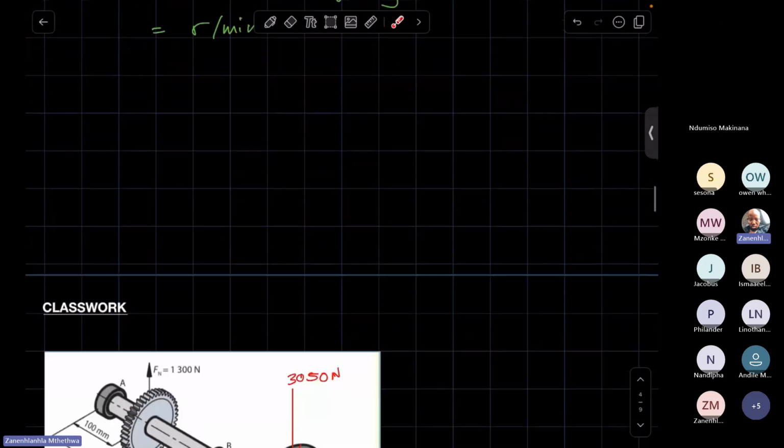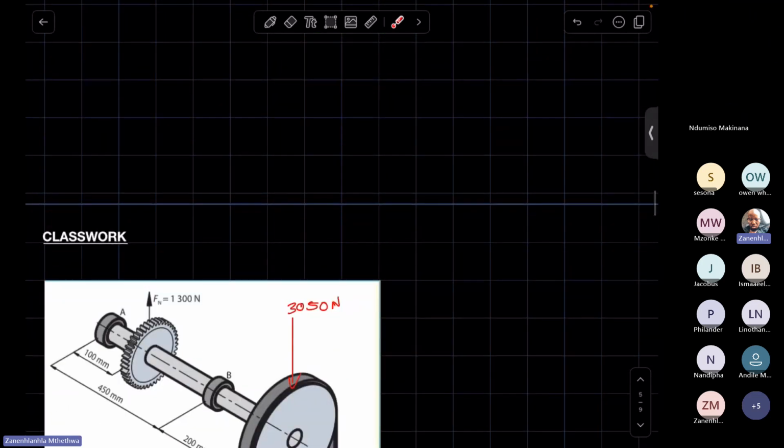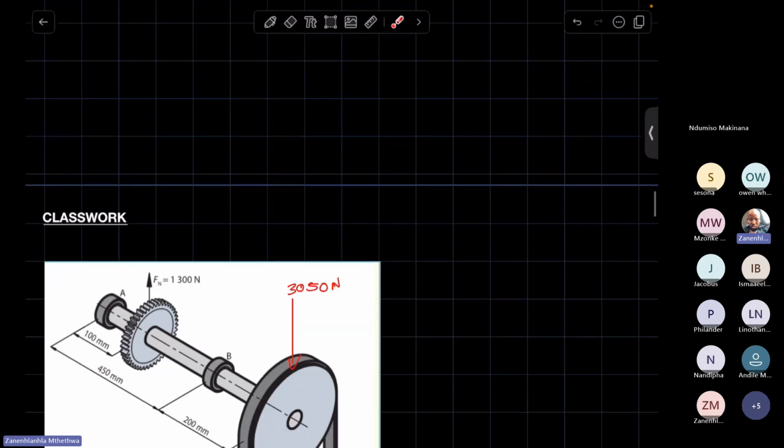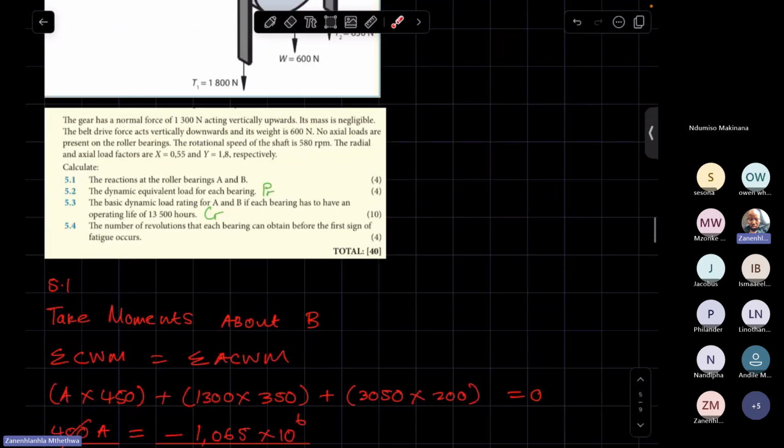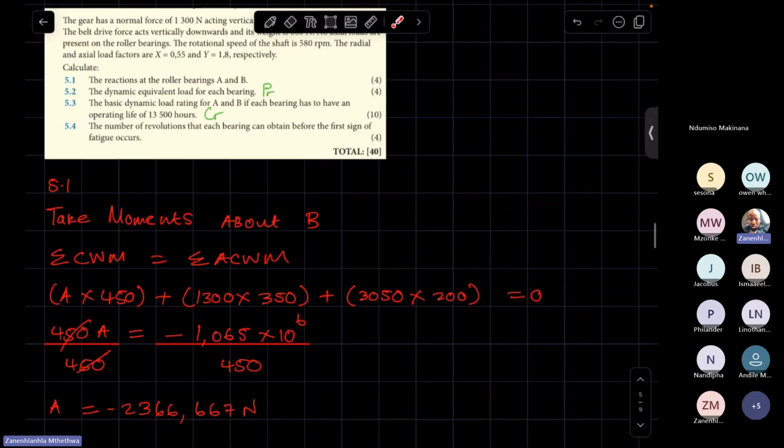Okay, I've explained this. All right, now let's look at an exercise. Let us look at an exercise. Okay, so this I already did.